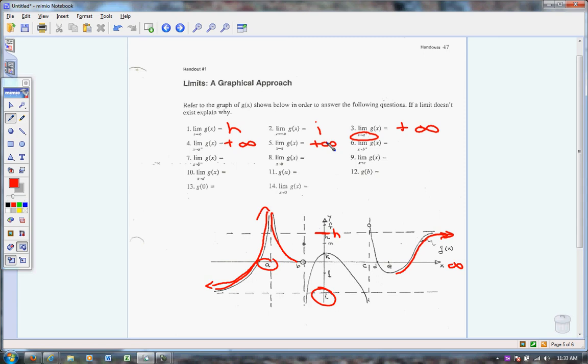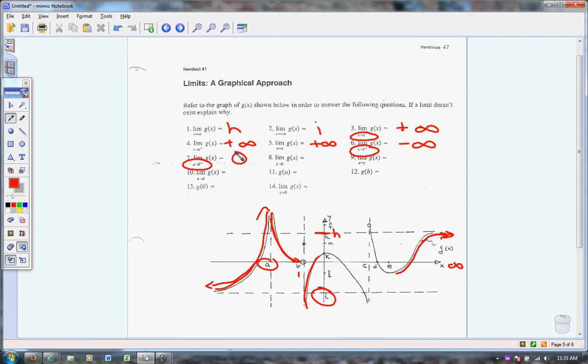All right? How about as we approach B from the right? Well, right here is B. So as we approach B from the right, what is the function going to? Negative infinity. How about as we approach B from the left? What is the function going to? Isn't that just 0? It's right on the x-axis, isn't it?